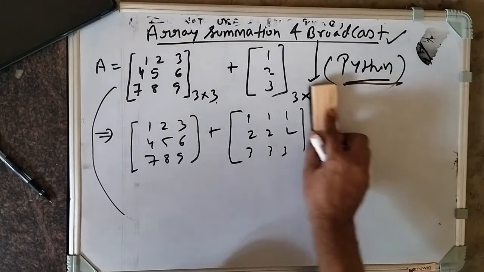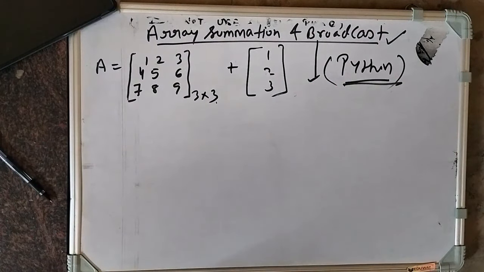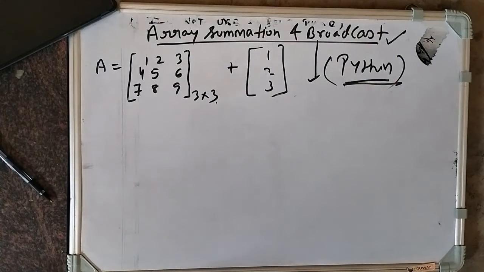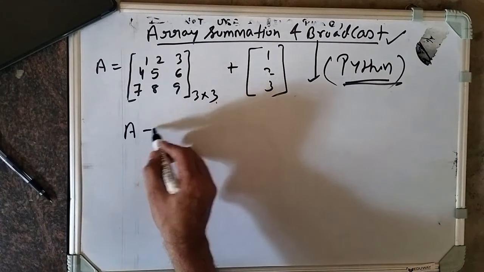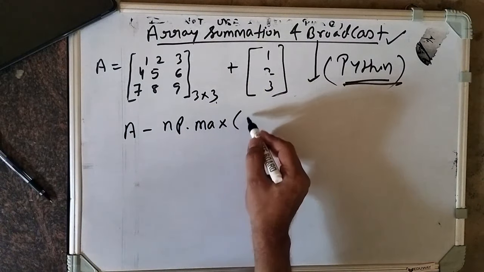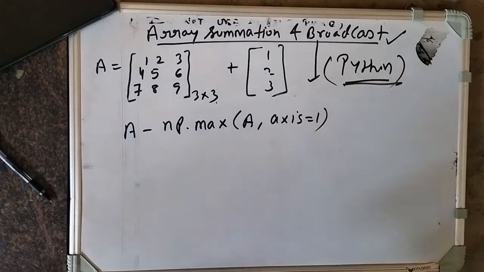Something I am writing, this is very important. Now listen here. Suppose your matrix is this, and suppose I am writing A minus np.max(A, axis=1).